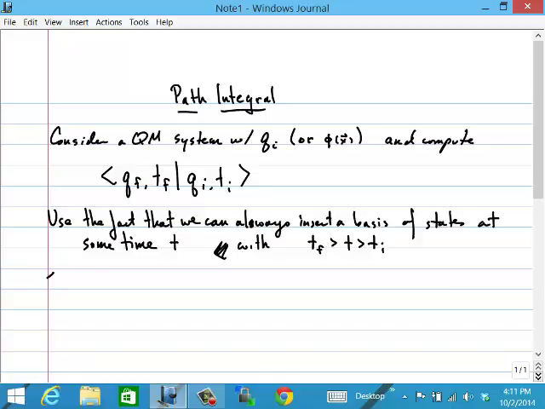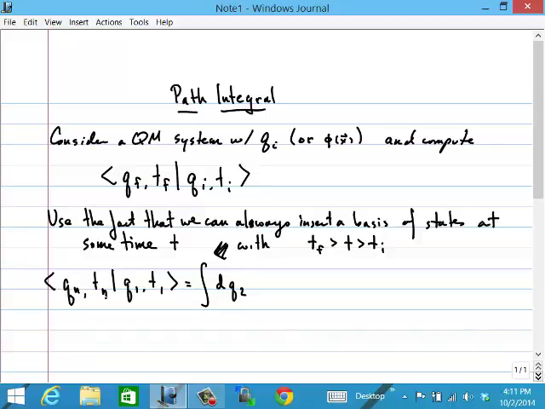So that means that if you want to compute the amplitude for this particle to transition between, say, position q initial and some other position q final, then to make my notation a little bit simpler, instead of calling them q initial and q final, I'll call them q1 and qn, where n is some integer.